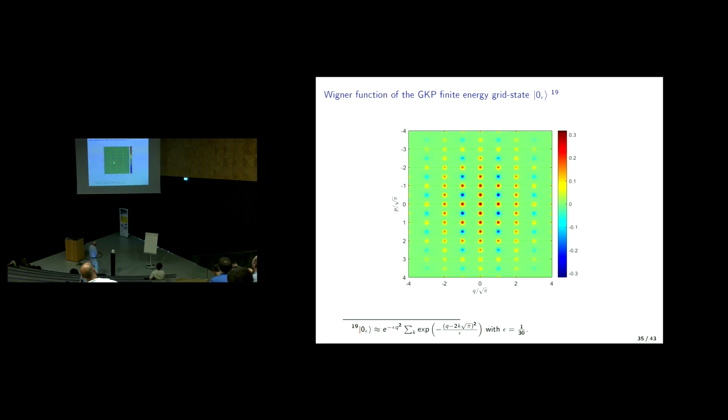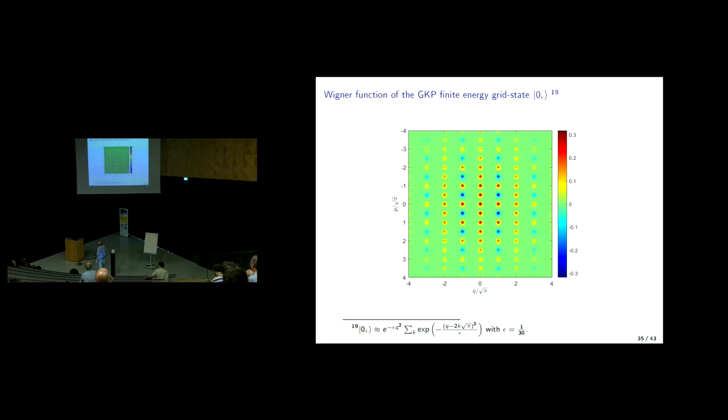Since the positive spikes in the Wigner function and the negative ones are separated, you have some margin. And if you decrease epsilon, the concentration, the distance between plus and minus does not decrease. It tends almost to increase up to the size of the periodicity, square root of pi.